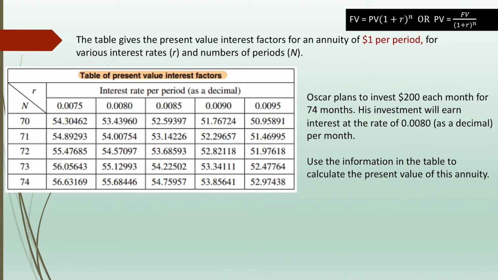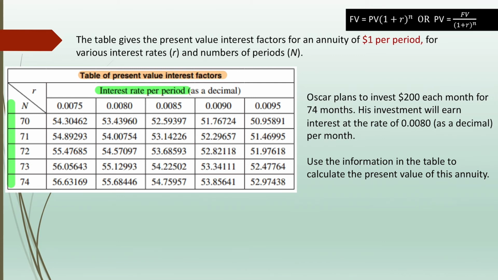It's got rates along the top, and it's got periods along the side. And so we're going to need to find the rate and period in order to select the correct value from the table. Let's look at the question.